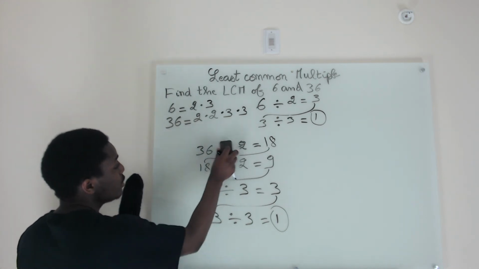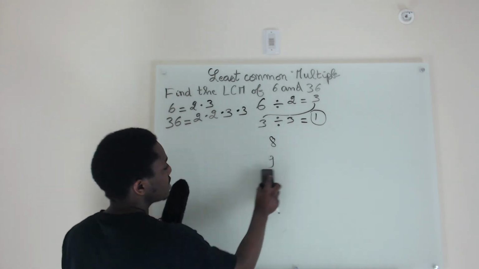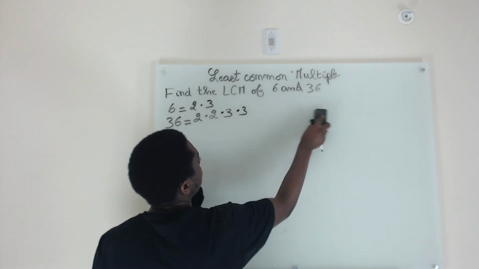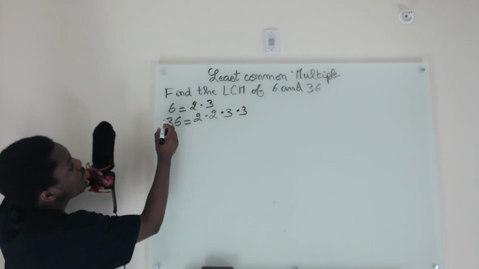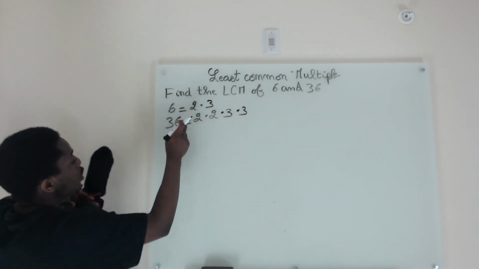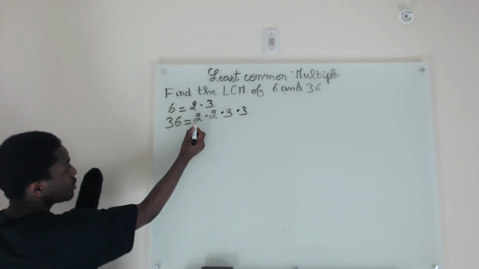So now to find the LCM, I'm going to erase this. So now to find the LCM, we look at the top row and the bottom row. So on the top row, there's one number 2, okay? And on the bottom row, there's also another number 2.